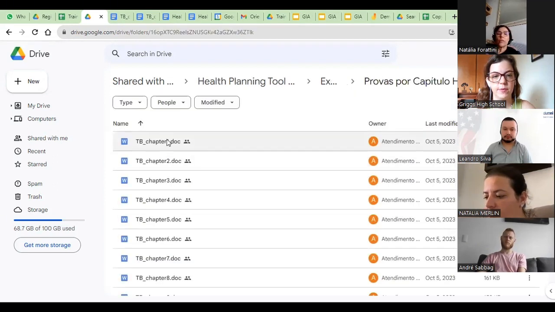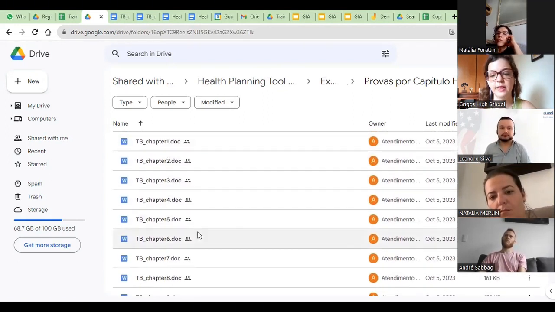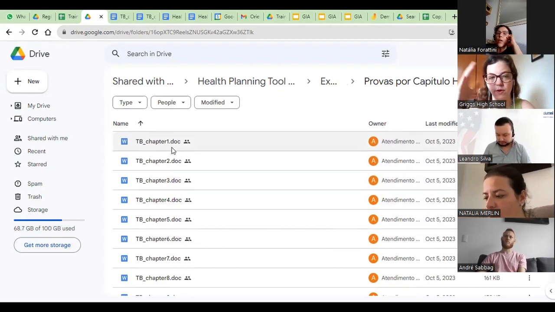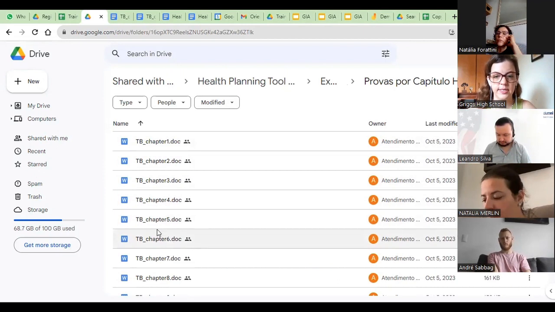And provas por capítulo, you have one exam for each chapter. And these questions you can use. So you have like, I guess it's maybe not thousands, but literally hundreds of questions. And then you can get a couple from chapter 1, a couple from chapter 2, a couple from chapter 3, and you go throughout the content, mixing the categories, and you can assemble your exam.